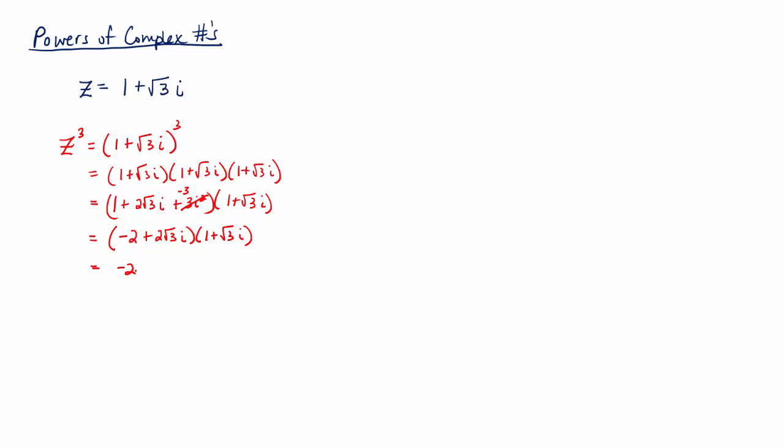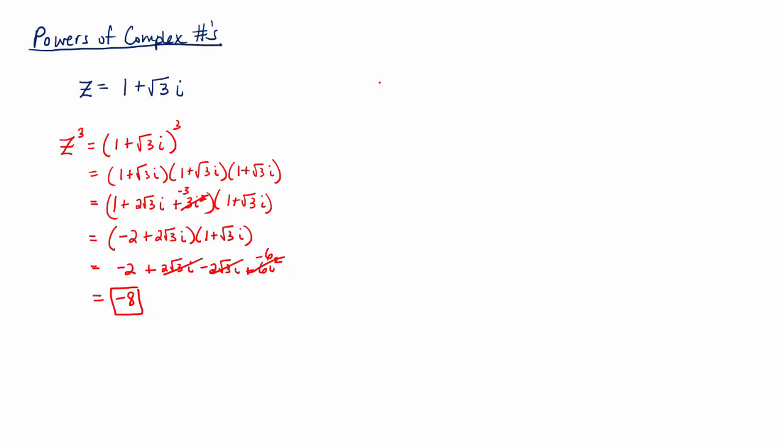We're going to get -2 plus 2 root 3i minus 2 root 3i plus 6i squared. Okay, so that's going to become -6. So we add up our real terms, we get -8, and it looks like our imaginary terms are going to add up to 0. Okay, so we're done. So z cubed in this case would be -8.